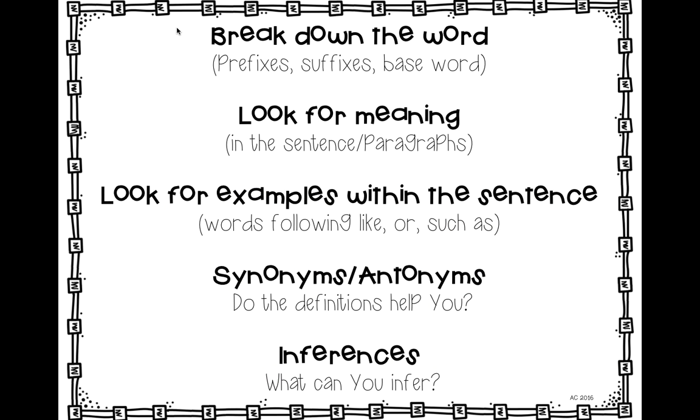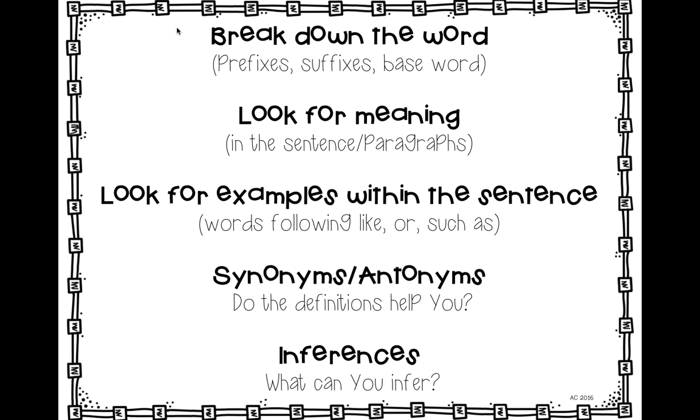Here are the main things that you should be doing when you are trying to get your kids to use context clues. First, breaking down the word: they're looking at the word specifically. Do they see any prefixes or suffixes that they actually know the definition of already? And then do they know what that base word means on its own? Also looking for meaning: they're looking in the sentence, in the paragraph, reading through it. Is there something that tells them what that word means without an obvious definition?